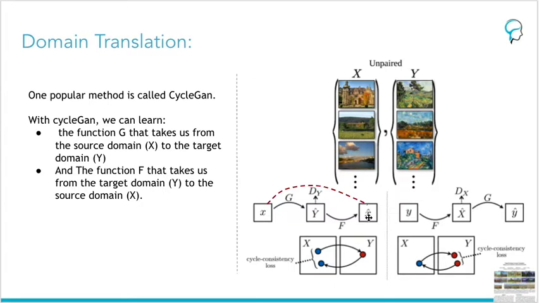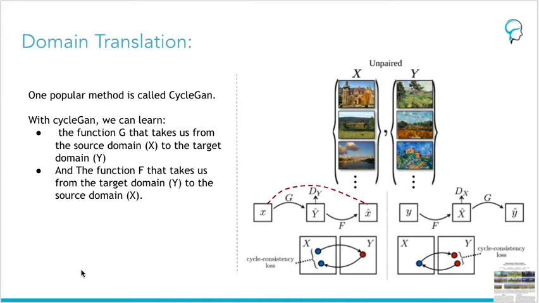During training, using functions f and g, which are learned simultaneously, we iteratively go from source to target and back to source, and try to reconstruct the original source image. And also we go from target to source and back to target again and try to reconstruct the original target image. It has been empirically shown that the model learns good translation functions between the two domains in this way.